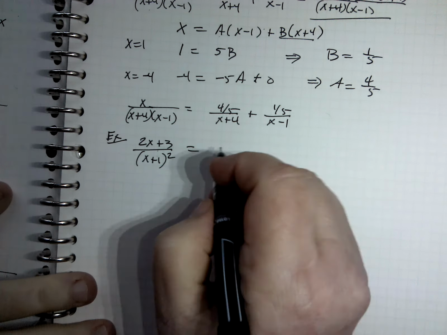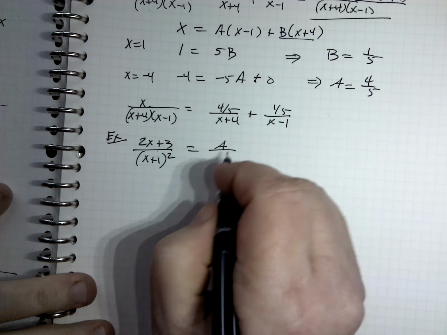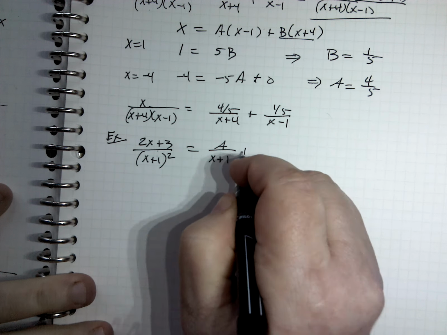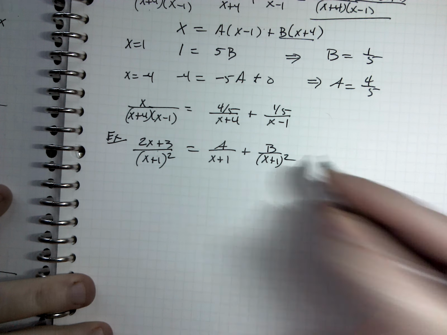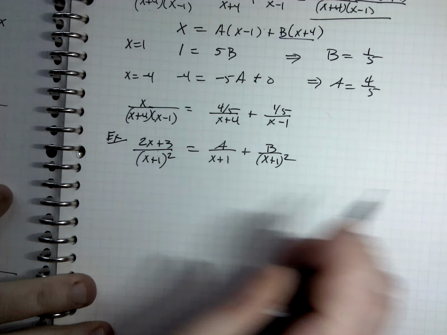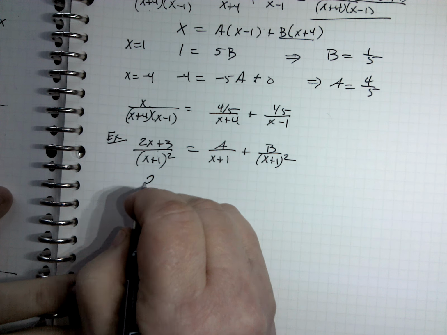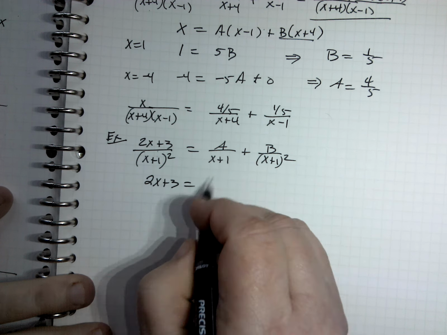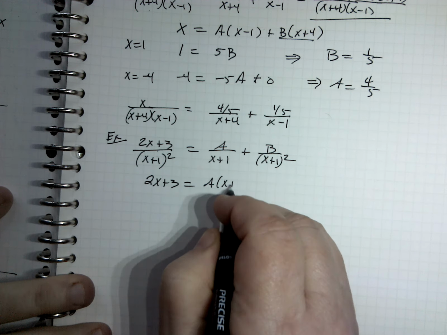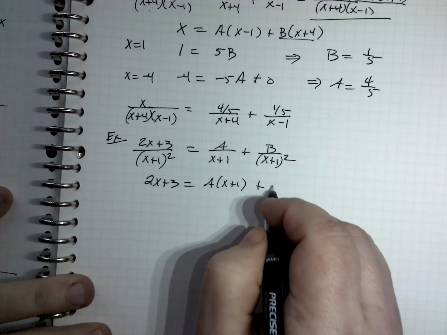I'll set it up with a over x plus 1 and b over (x plus 1) squared. So the numerator, when I bring them back together, on the left I'll have 2x plus 3, and on the right a still needs an x plus 1, but b needs nothing.